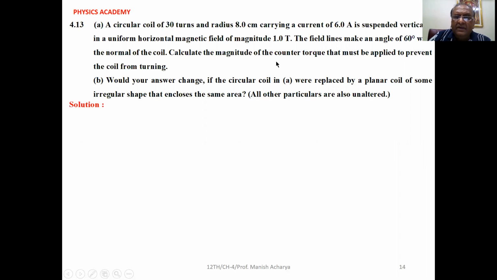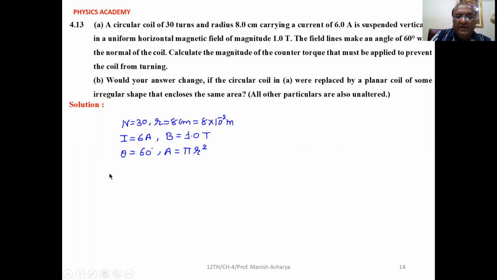So here the counter torque required to prevent the coil from turning should be exactly equal to the torque acting on the coil, under the effect of which it will be rotated. So here the given data: number of turns 30, radius of the coil 8 centimeter, so 8 into 10 raised to minus 2 meter, current through it 6 ampere, magnetic field B is 1 Tesla, theta is 60, and the area we can write as pi r square.